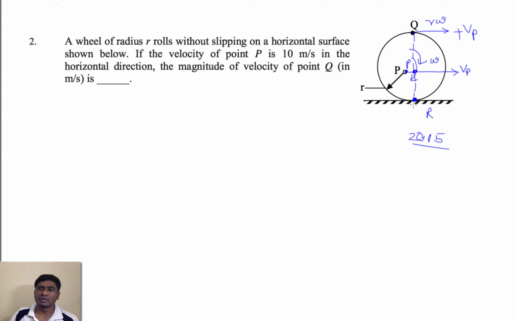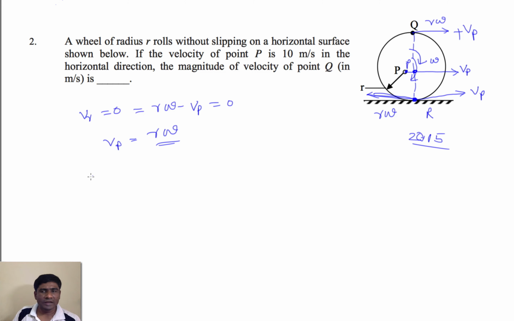And what is the velocity at point r? Because of this rotation it is r omega, but it is moving in the forward direction by Vp. But we know the velocity at point r equals 0, so r omega minus Vp equals 0. That means Vp equals r omega.